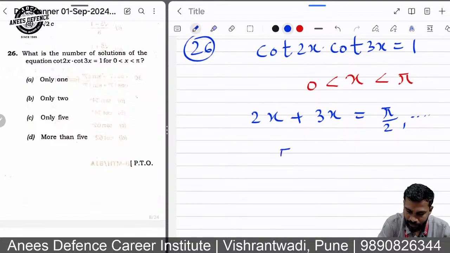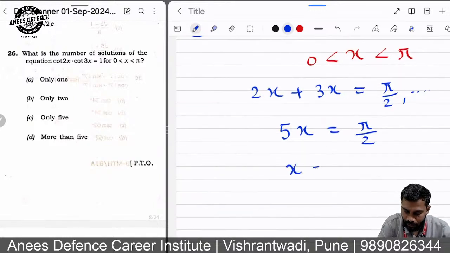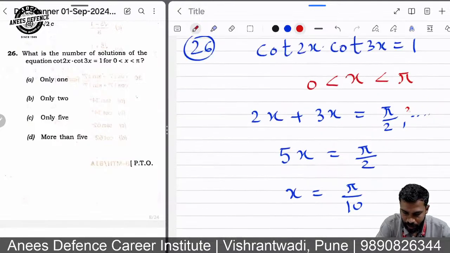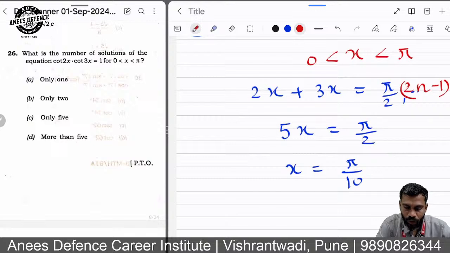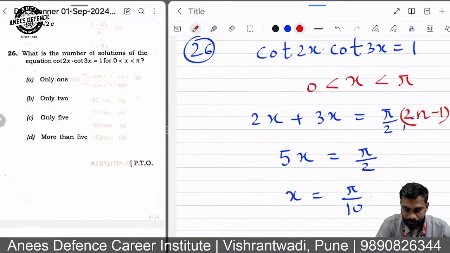So let me write 5x is equal to pi by 2. I have written only one value here. So x will be pi by 10, I can write. Now, similarly, this can be written as basically 2n minus 1 pi by 2. Now, one of the values will be pi by 10. We can go till 9 pi by 10, right?